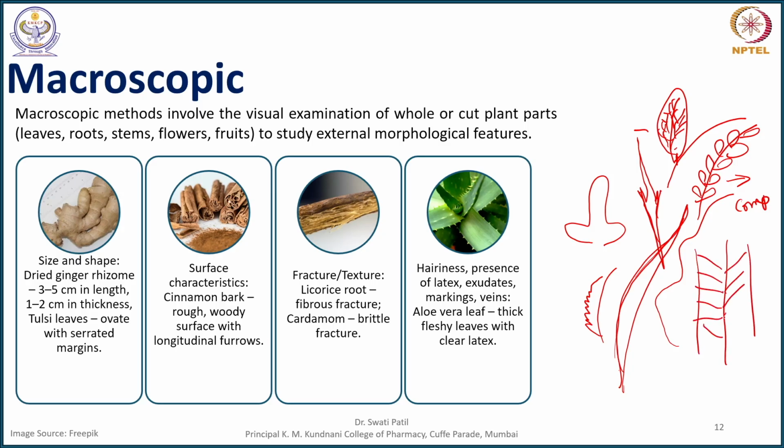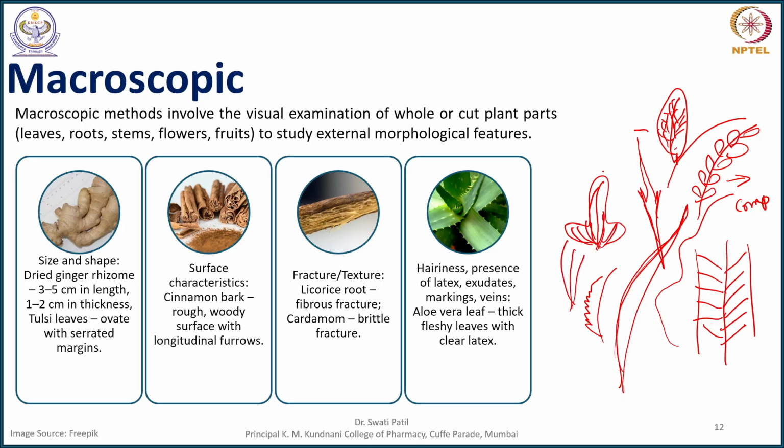So, this is parallel venation. You have palmate venation like this, where the venation is in the shape of a palm. Suppose the main vein comes from this, you have other main midribs or veins going like this. This is called palmate venation.